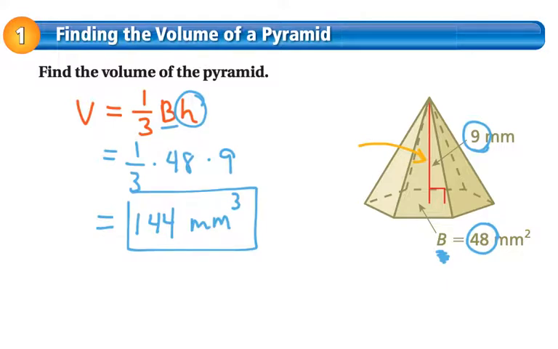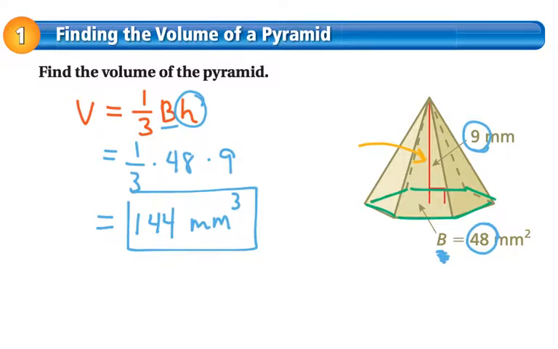You might be curious, why did they just go ahead and give us the area of the base? And I'll take just a brief moment to point that out. If you look at this pyramid and looking at the shape of the base, it has 1, 2, 3, 4, 5, 6 sides. It's actually a hexagon for a base, or what we call a hexagonal pyramid. And many of us don't have the skill set required to actually find an area like that on their own.